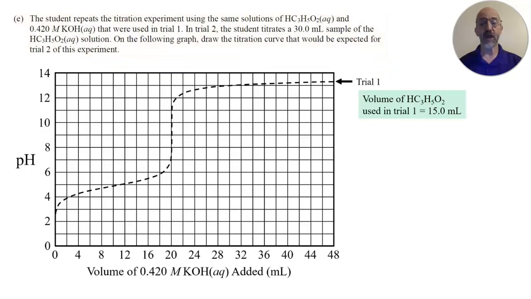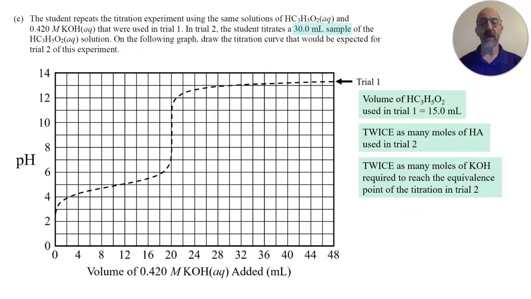Now, if you change from 15 milliliters of the propanoic acid to 30 milliliters, you've just doubled the number of moles of that acid. And if you double the number of moles of the acid that is being titrated, then you also have to double the number of moles of potassium hydroxide required to reach the equivalence point.